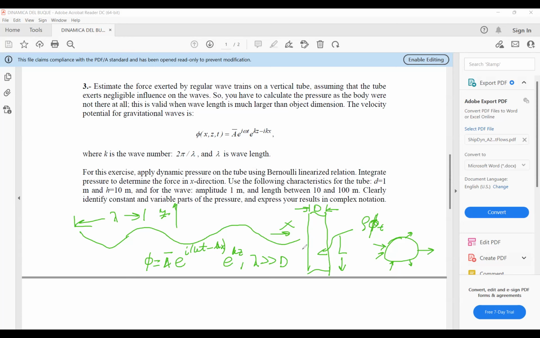These people were really smart. They left this k constant and set omega squared equal to kg, so that with this assumption you satisfy the free surface boundary condition. The dispersion relation is a special relation in order to satisfy the free surface boundary condition.